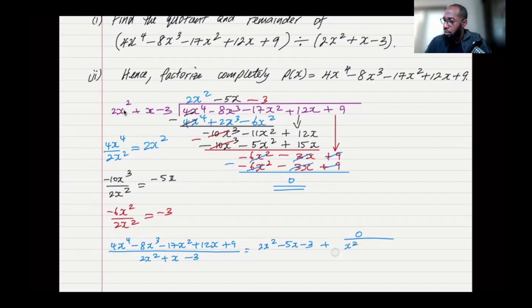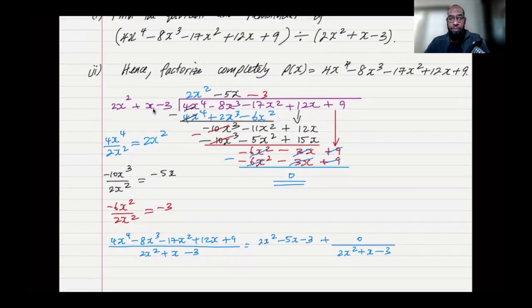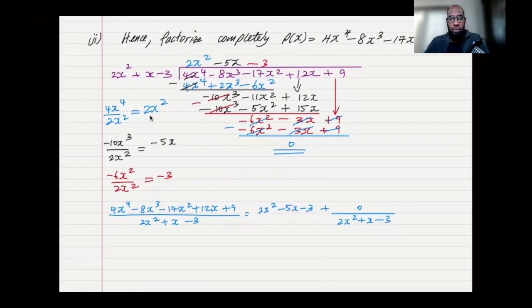Let me just write it a little differently. 0 divided by 2x squared plus x minus 3. So just to repeat that, right?